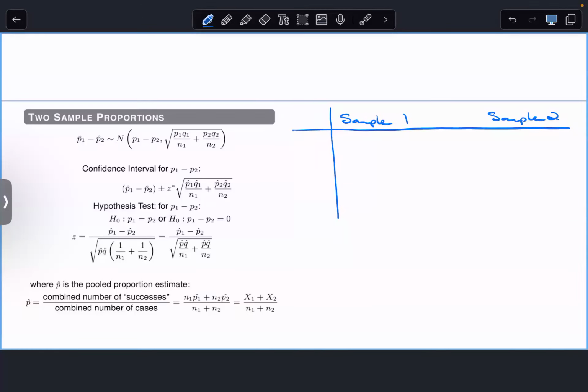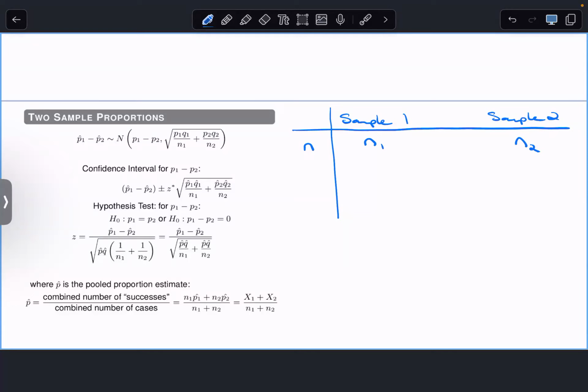Let's think about the information that we needed from a 1 sample proportion question. Well, I'm definitely going to need my sample size, which means I need my sample size for group 1, so N1, and my sample size for group 2. Okay.